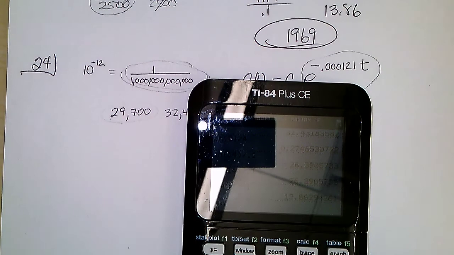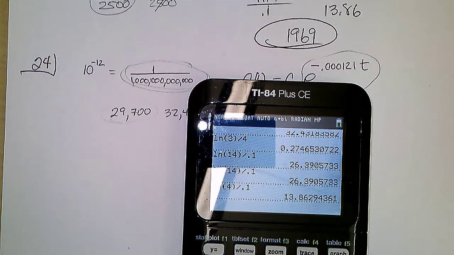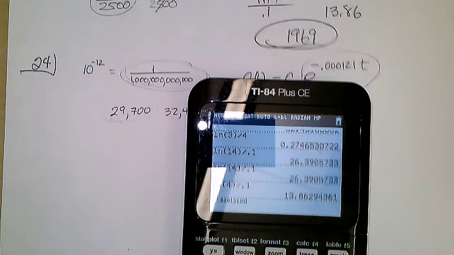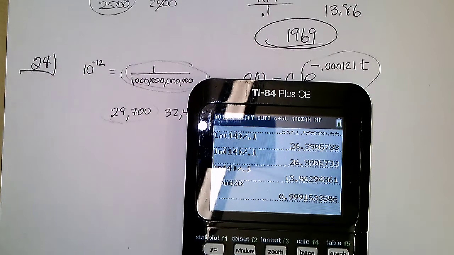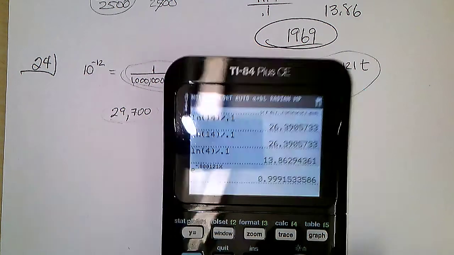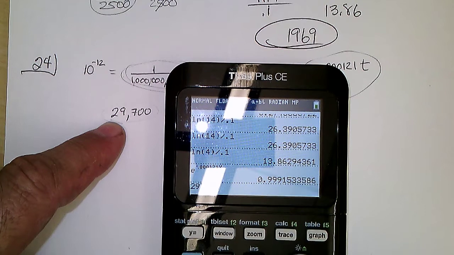So I'm going to type in here e to the negative 0.000121 x, and ignore that. Now I'm going to store in X 29,700.